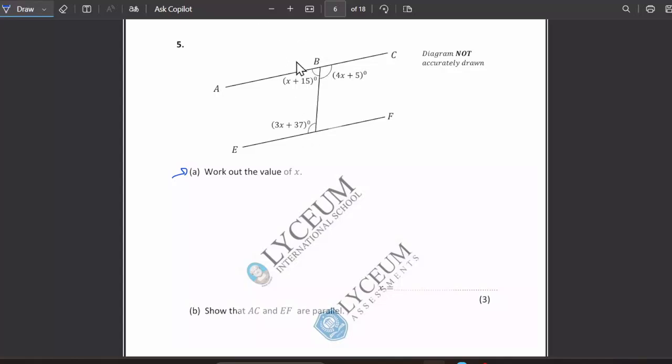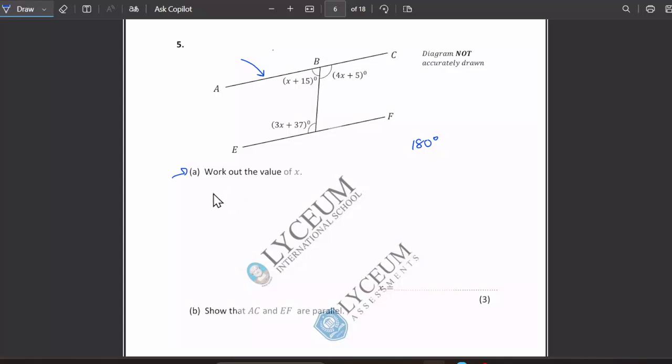So we only can use this property, angles on a straight line. So you know that angles on a straight line will always add up to 180. So that thing we can always use because this is a straight line. So we have two angles on the straight line.